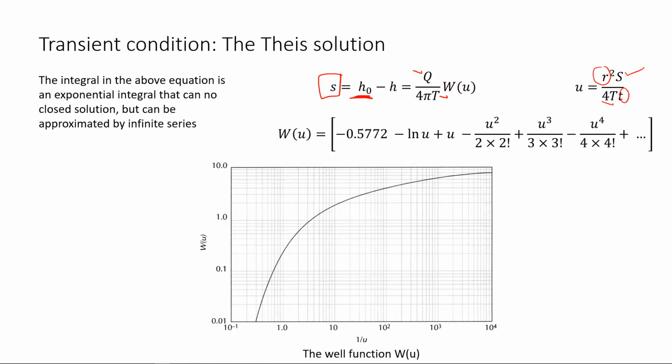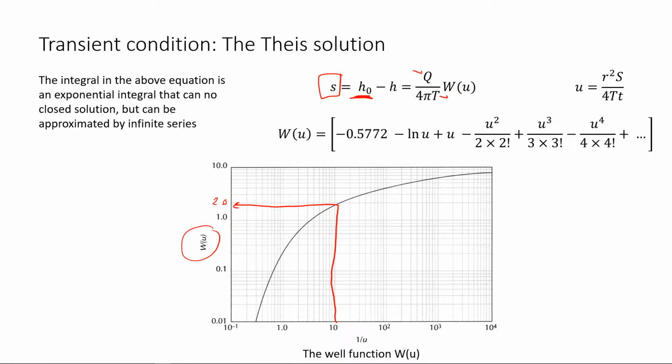If I can calculate 1 over U, let's say 1 over U is 10, then my W(U) would be about 2, something like this. You can either get this W(U) value from a graph that looks something like this, or you can just substitute it in an equation. But when you substitute in this equation, you need to determine how many terms you want to consider.